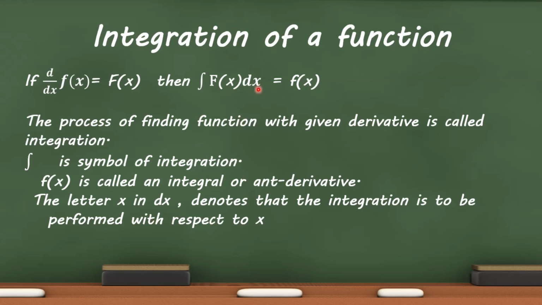If you write dy, it implies the variable is y. If you write dt, the variable is t. So whenever dx is written, from here we can confirm the variable. And f(x), as written here, is known as the integrand. I hope the meaning of each thing is clear here.